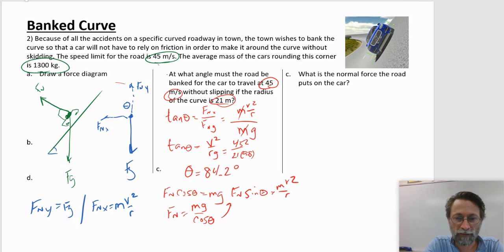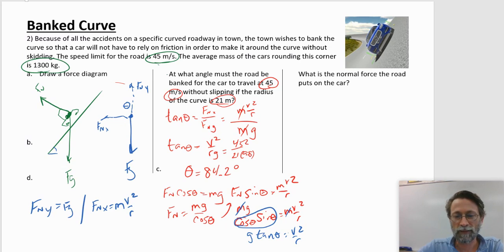And then I plug that in over here. I'm going to have mg over the cosine of theta times the sine of theta equals mv squared over r. And guess what? We end up with the same thing. Won't both of our masses cancel out? And then doesn't this sine divided by cosine become the tangent of theta, v squared over r? And if I divide my g over, then I end up with the exact same equation that I had up there. So kind of cool the way the math works and the physics works for that.